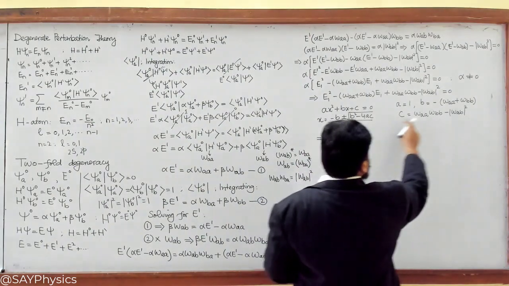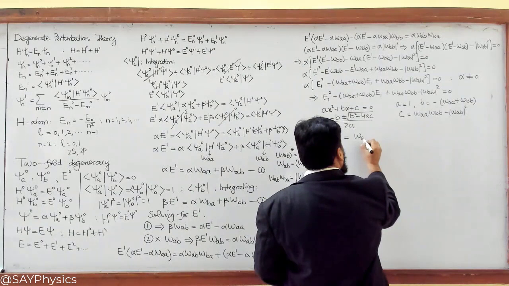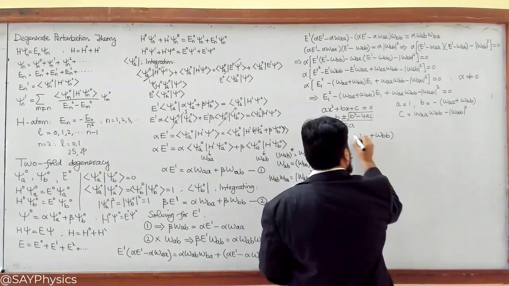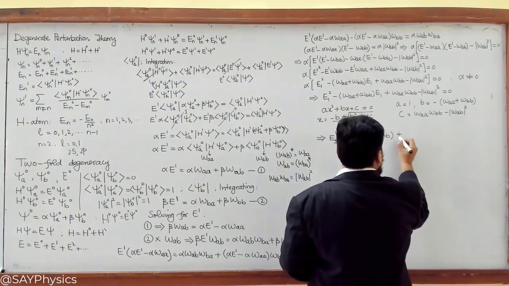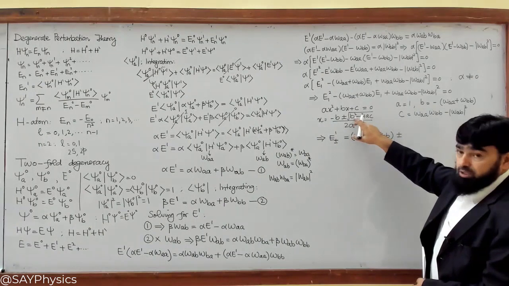So E1 plus minus will be equal to minus b, so minus minus becomes plus, and it is WAA plus WBB, this is minus b, plus minus the square root of b squared.